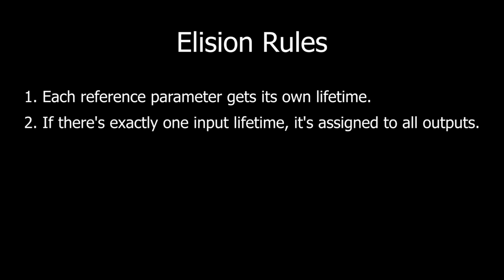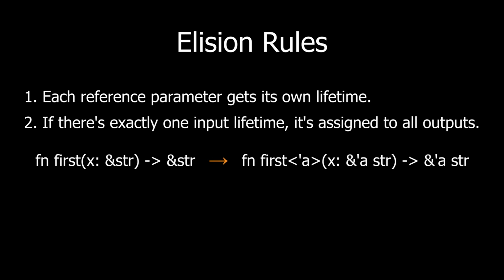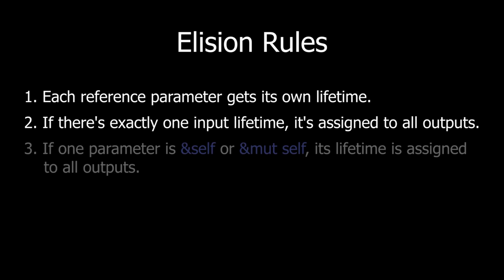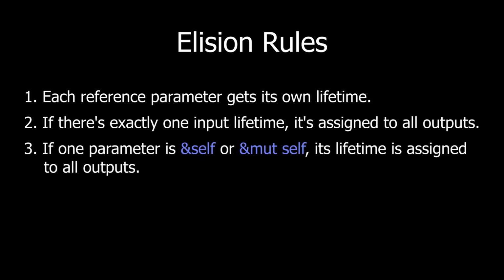Rule number 2, if there's exactly one input lifetime, it's assigned to all outputs. That's why we don't need to write any lifetime for a single reference input, because we know as long as this input lives, the reference output will also live. And rule number 3, if one parameter is self or mut self, its lifetime is assigned to all outputs.